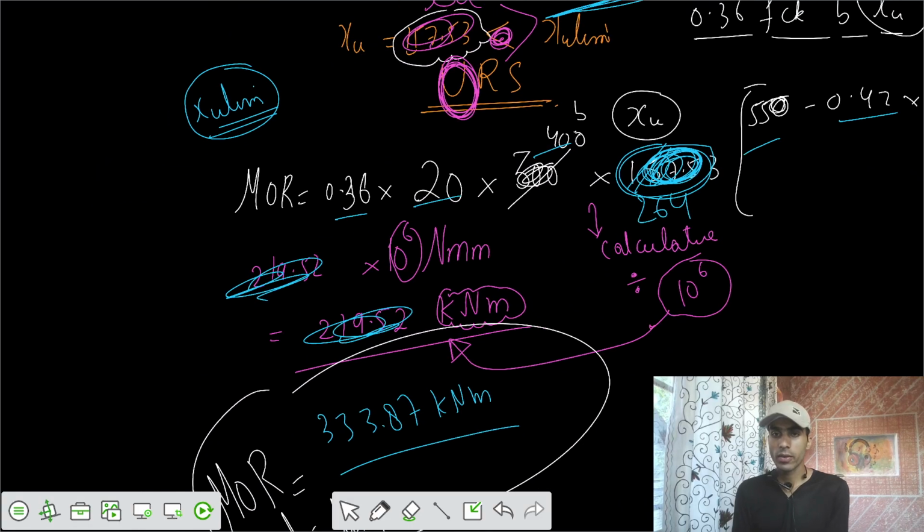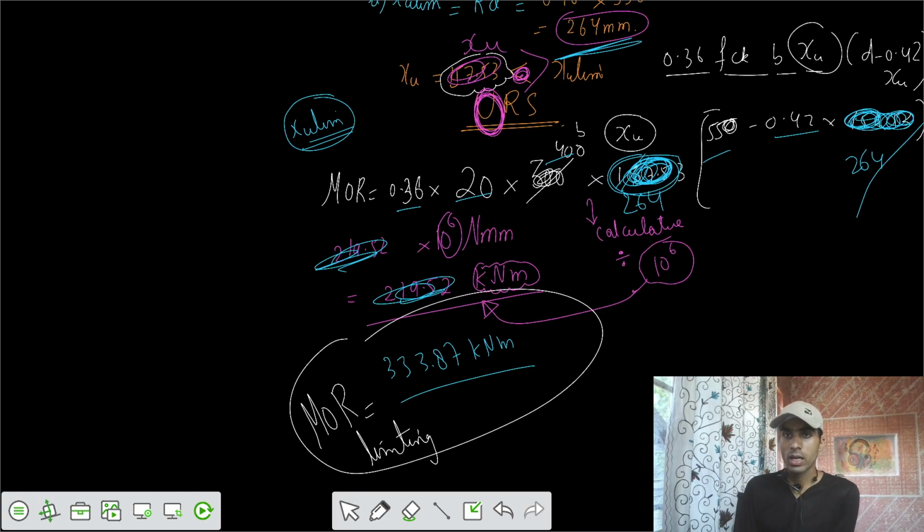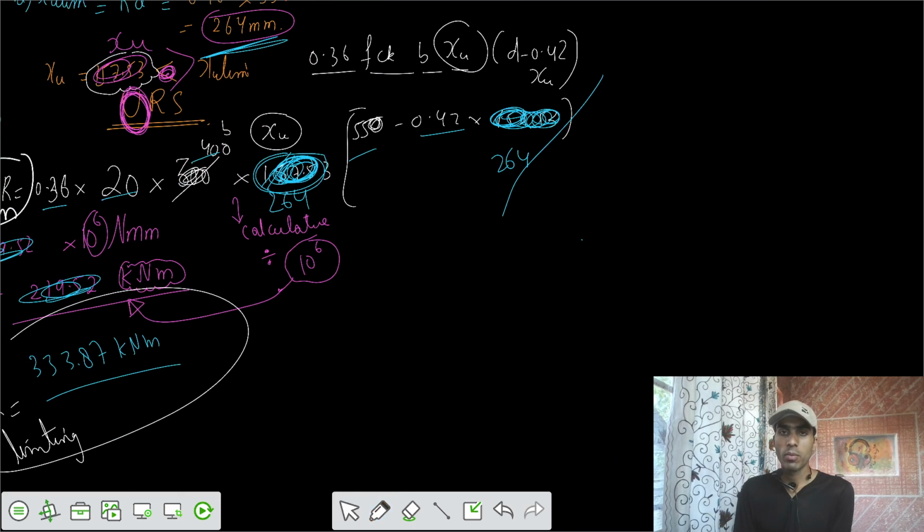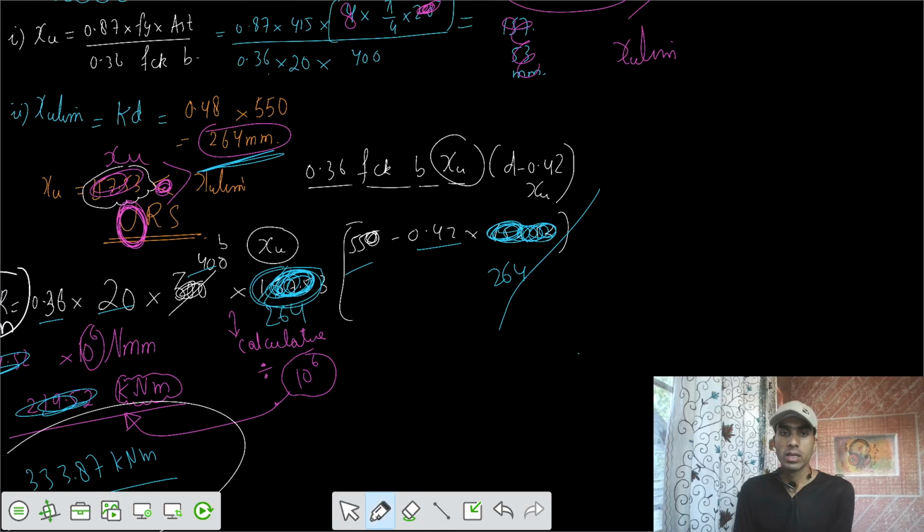Whatever amount of steel you use, your MOR is not going to change. Your MOR limiting is not going to change. See the equation for MOR limiting: 0.36 fck b Xu limiting times d minus 0.42 Xu limiting. And this part is fixed.